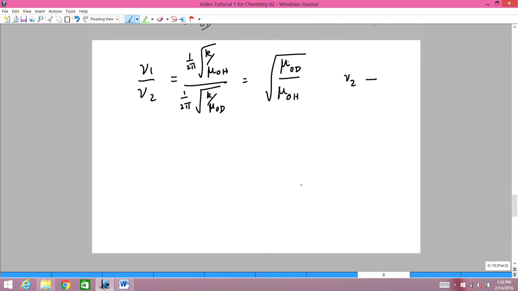You can see that mu OD is bigger than mu OH, and therefore the nu 1 for OH is more than that for nu 2. The vibrational frequency is reduced when you substitute with a heavier mass, because it is inversely proportional to the reduced mass, and you can see immediately that nu 2 will be different. What is the difference between nu 1 minus nu 2? That is the shift in the vibrational frequency. So, substitute the numbers here and you will immediately get the answer.